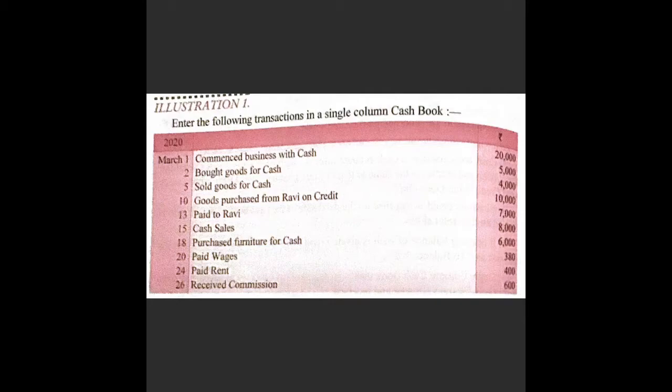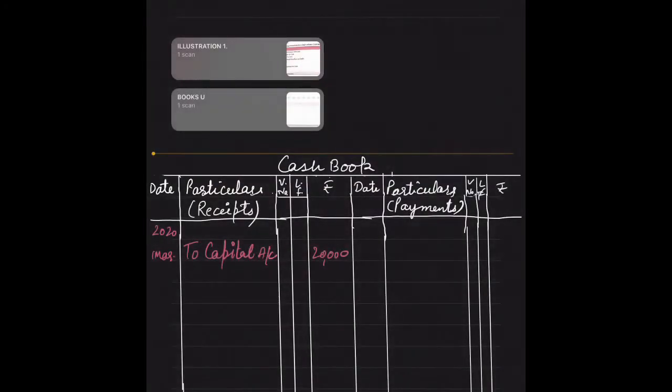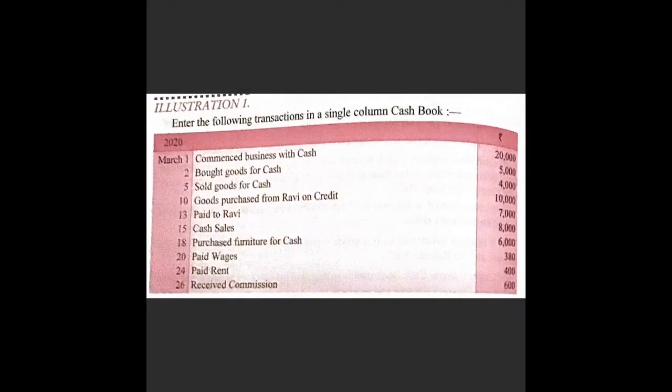The next is bought goods for cash 5,000. If we purchase goods, then cash is going out from the business, so it will be written on the payment side. 2020, March, by purchase account 5,000.